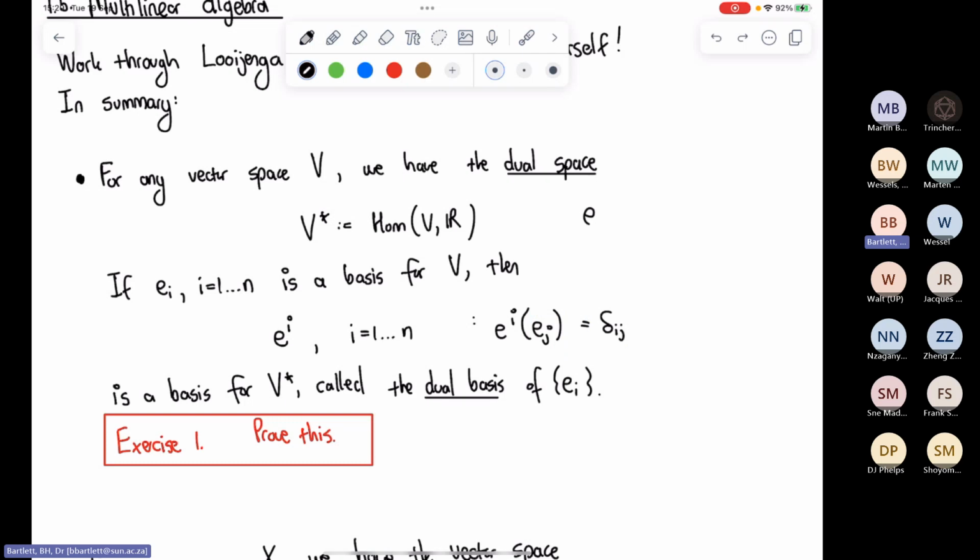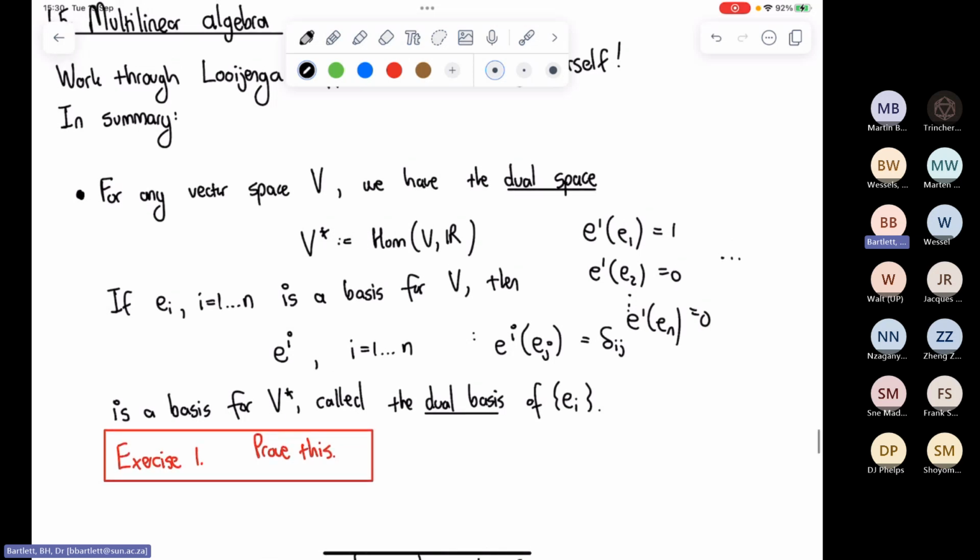In other words, for example, E superscript 1 acting on E subscript 1 is 1, but E superscript 1 acting on E_2 is 0, and so on for all the rest. That's the construction of the dual space of the vector space.